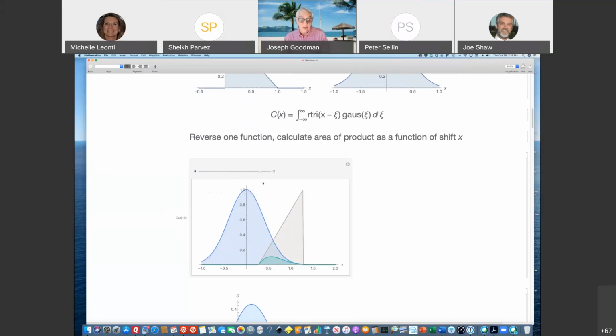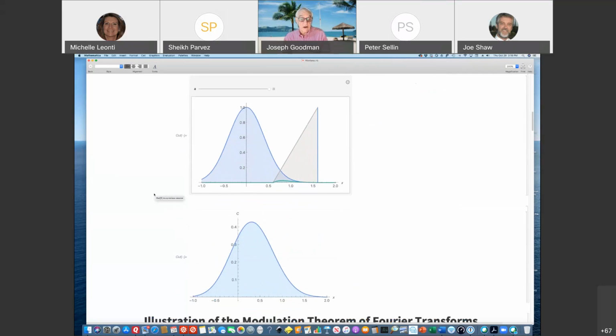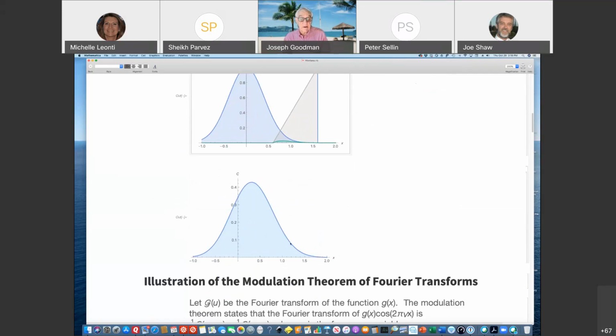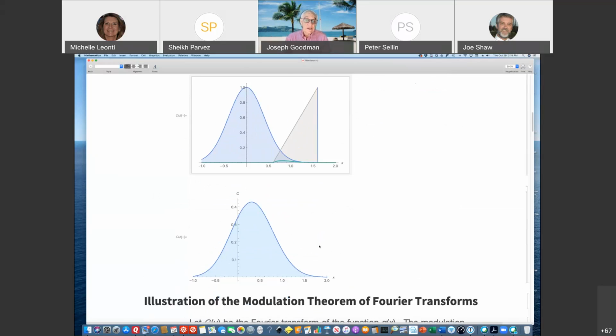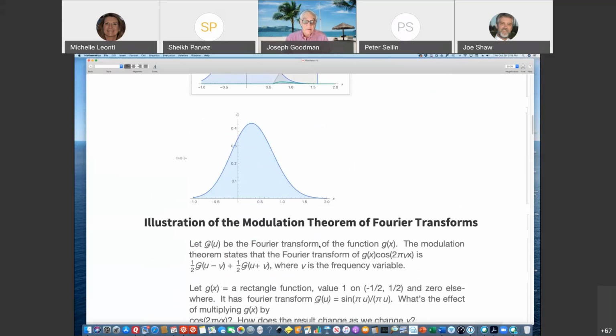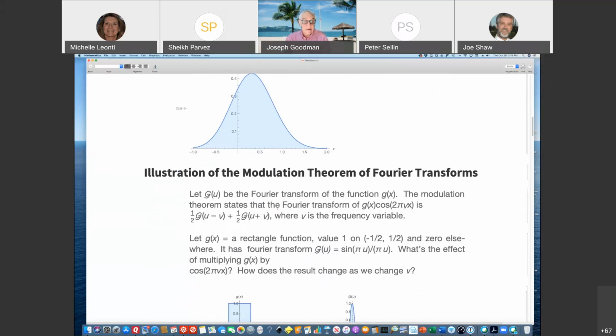So there we have a dynamic figure that shows what happens when we slide those two functions past one another. And this is the end result as a function of x. You can see the peak is actually a bit to the right of the vertical axis here. So that's one illustration that is interesting.